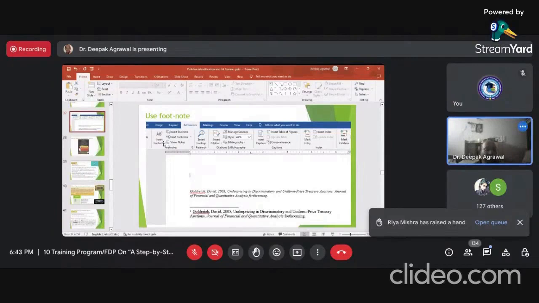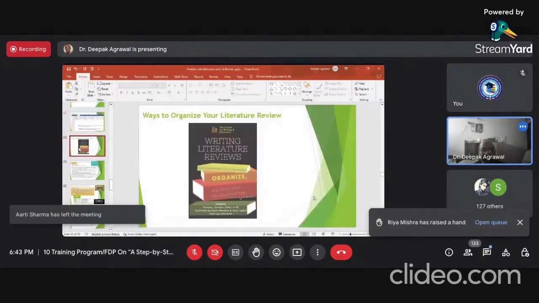And if you click footnote over here, this type of information can be uploaded. Automatically by default, it will start with number 1 and it is going to add upon. So these are the ways of putting or highlighting the references.